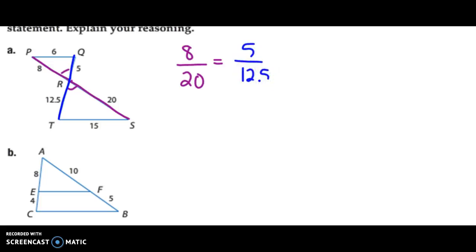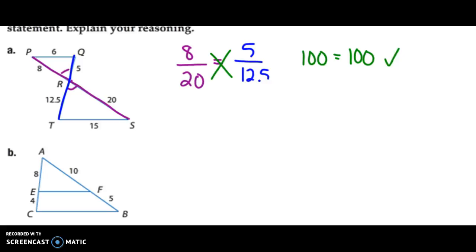Okay? So how do we check to make sure that they are proportional? Well, it's a proportion, so we're going to cross multiply. 8 times 12.5 is 100, and 20 times 5 is 100. So we see that these two sides, the purple and the blue, are going to be proportional to each other. That's good.